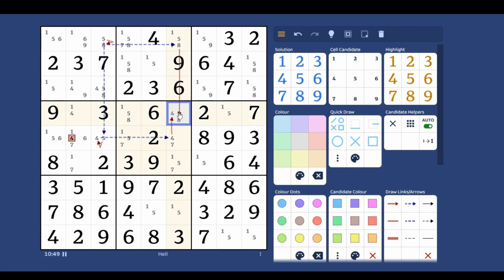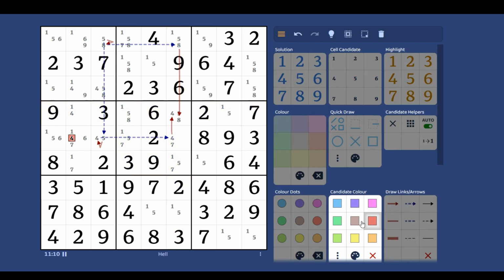And you kind of can't see it because it's behind our red arrow here, but there is a 5 behind this arrow. And from what we could see in our false chain, the 4 in this cell would be true, and in our true chain, the 8 in this cell would be true. So either way, a 5 cannot be true in this case. So we are going to go ahead and mark that as a candidate for elimination.